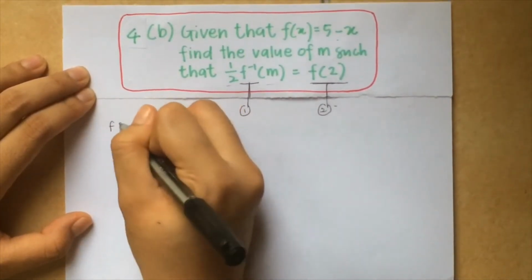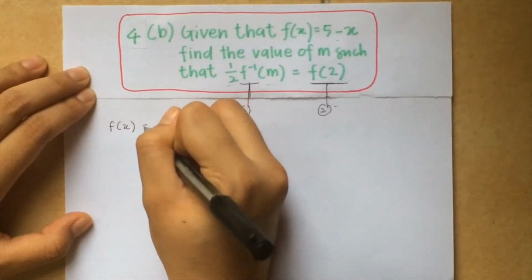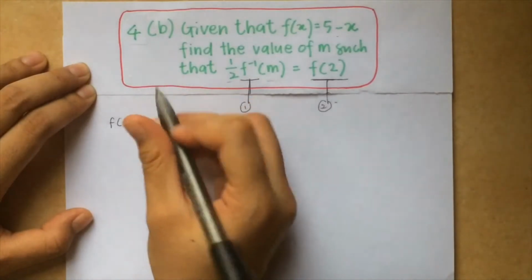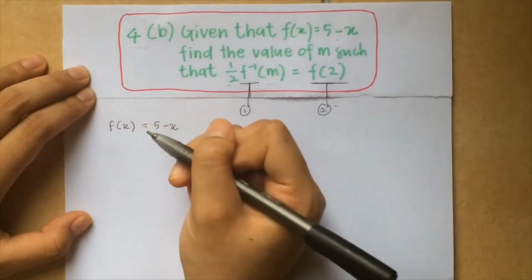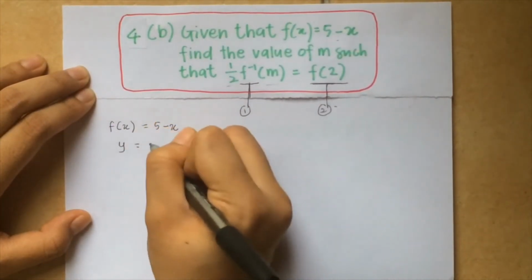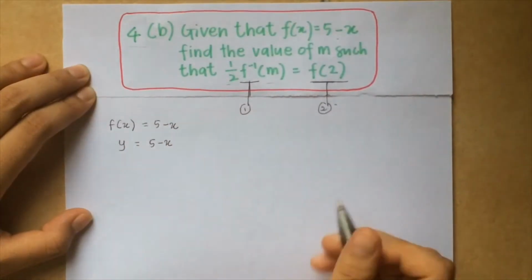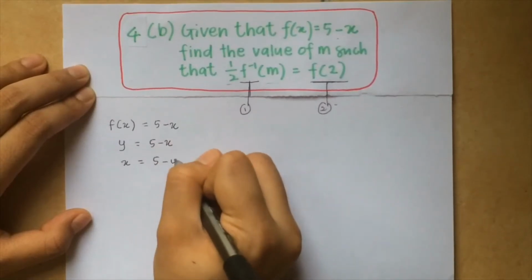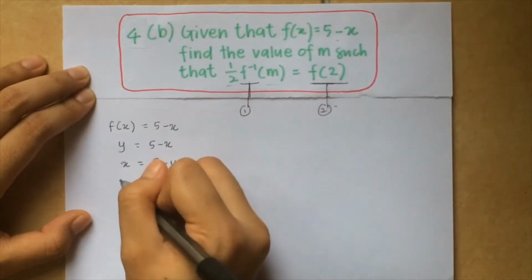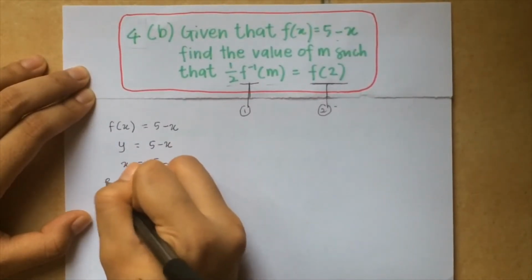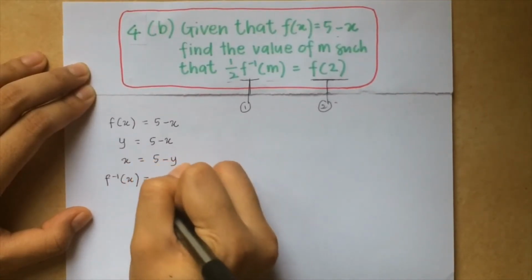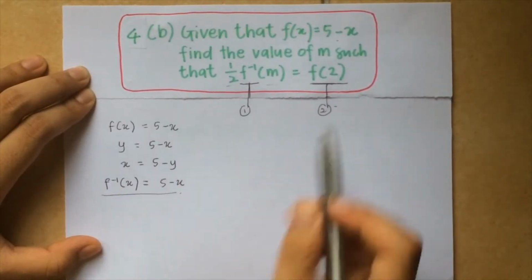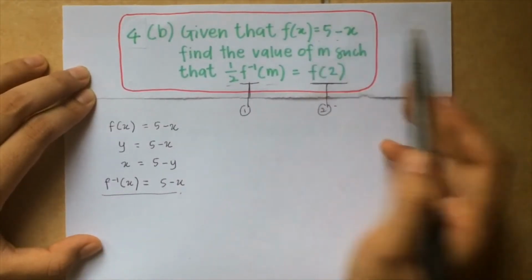So based on the function given, f(x) equals 5 minus x, we just follow the formula to search for the inverse. y equals 5 minus x, then make x the subject, x equals 5 minus y, and write it back in inverse form. So f inverse(x) equals 5 minus x. So this is the inverse function.